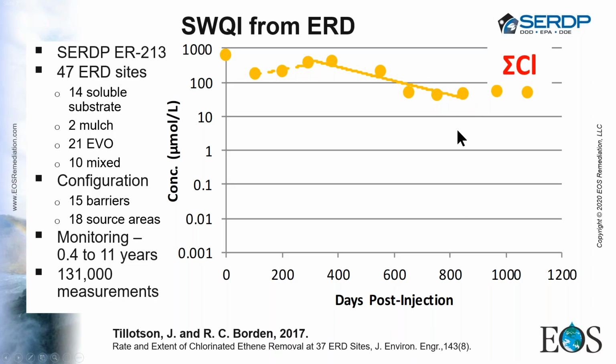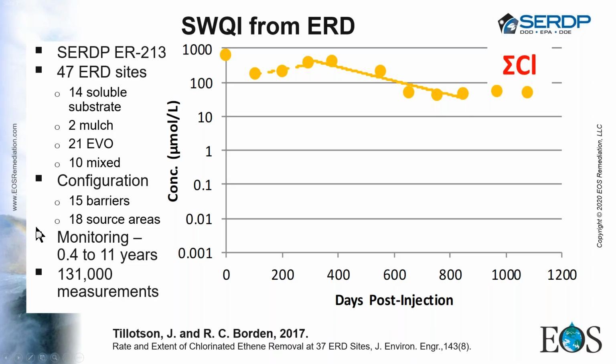We've got these statistics for 47 ERD sites. 14 of them were soluble substrate sites, 21 were EVO, there were a couple of sites where they used a mulch biobarrier, and then 10 other sites that were some combination of soluble substrates and EVO.